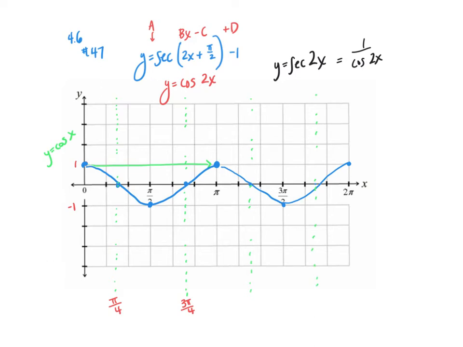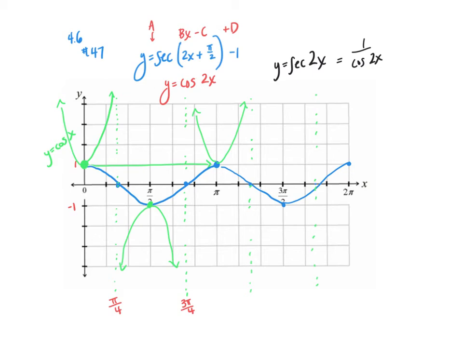Okay. And so now how we graph that secant graph is we put our vertex or our minimum kind of value right there. And that's how I graph y equals the secant of 2x. Well, that would be great, but I'm not finished.